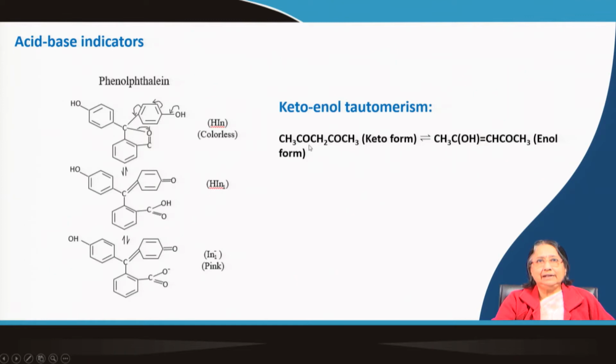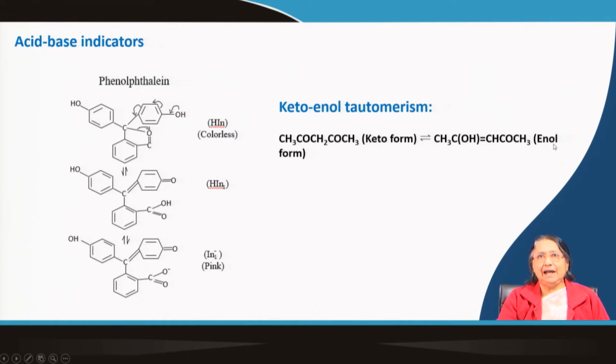It has two ketone groups, the CO means C double bond O here, C double bond O here, and these two carbonyl groups are separated by one CH2 group. And here you can see that C double bond O has become C-OH, and here the double bond is formed between this carbon and this carbon. That is why it is called enol.